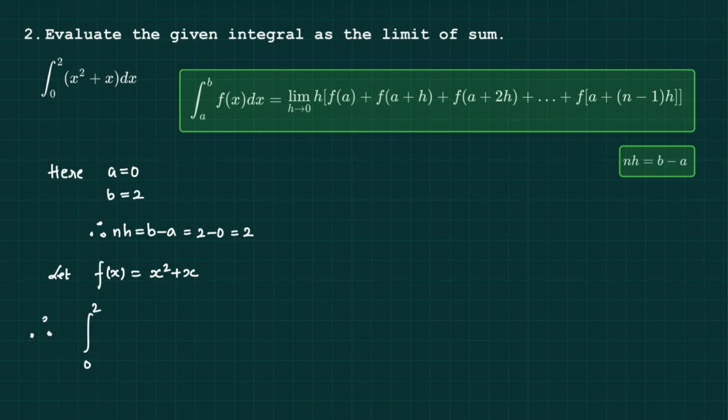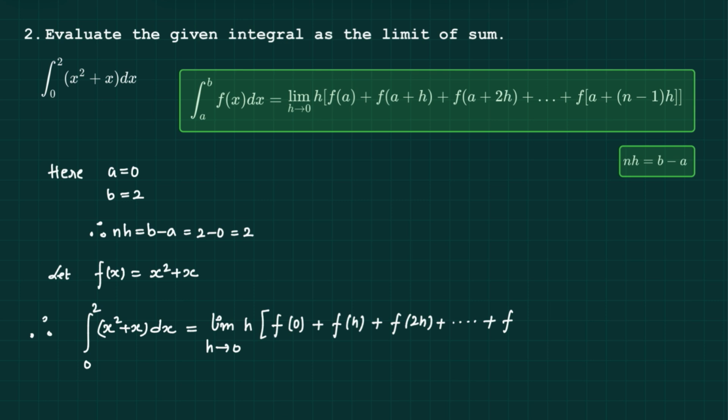integration from 0 to 2 of f of x, that is x square plus x dx, will be equal to limit h tends to 0 of h into f of a, meaning 0, so here it will be f of 0 plus f of a plus h, that is 0 plus h, which is simply h, plus f of 0 plus 2h is 2h, plus up to f of 0 plus n minus 1 h, that is n minus 1 h.